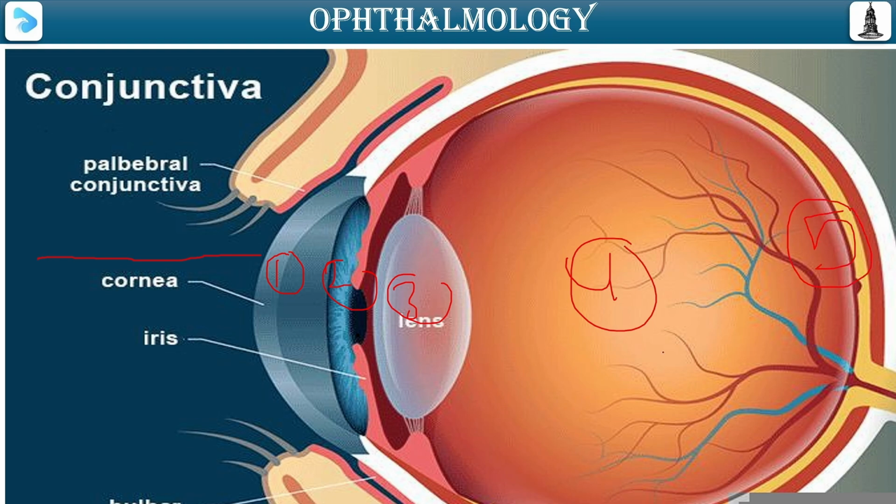So you see that the light passes through lots of structures in order to reach the retina. So the most important structure is the retina, because if there was a dysfunction of any of these contents, the light wouldn't reach the retina.